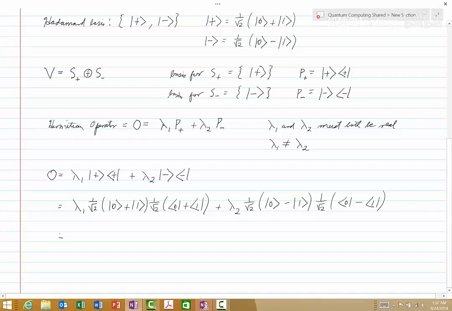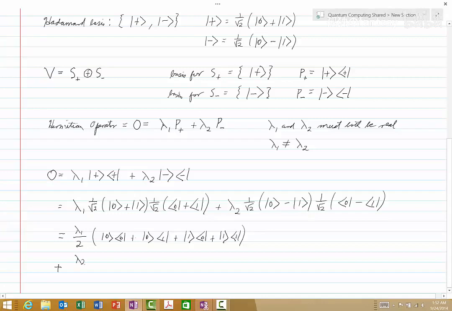And so now let's see what we can do with this. In this first term, we have 1 over square root of 2 here, 1 over square root of 2 here. So we get lambda 1 over 2 times |0><0| plus |0><1| plus |1><0| plus |1><1|. That's what we get from the first term.